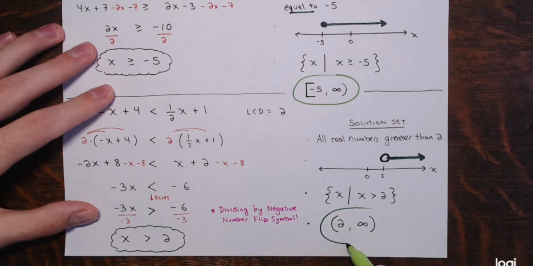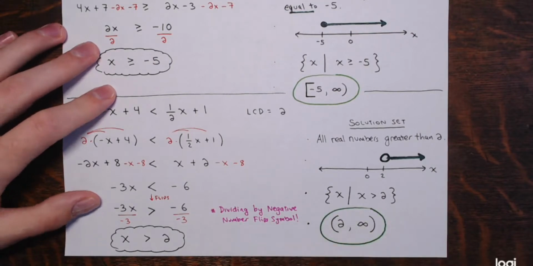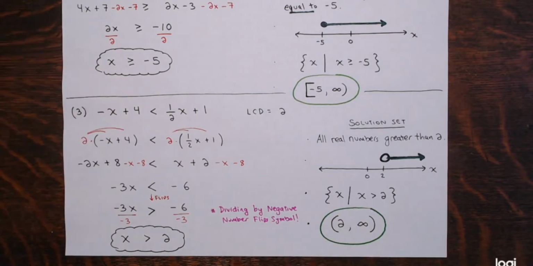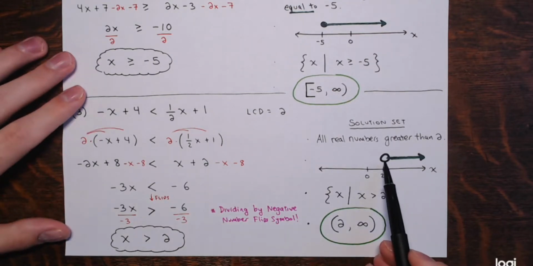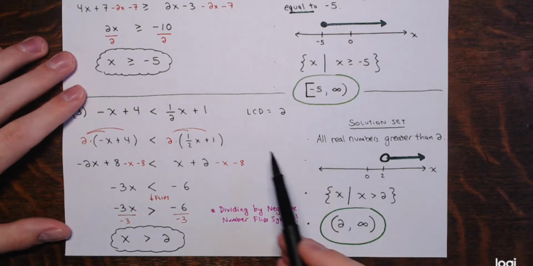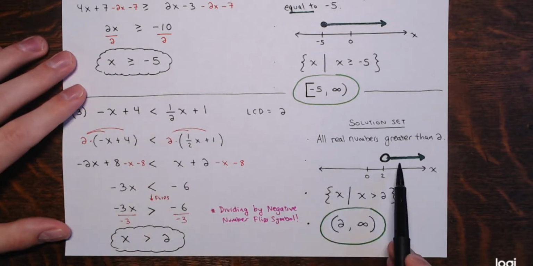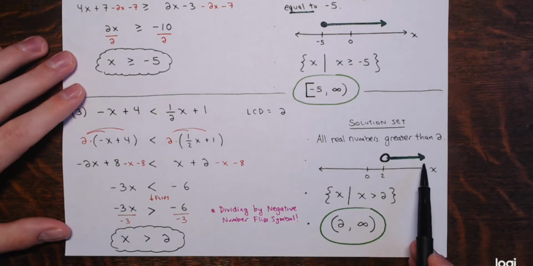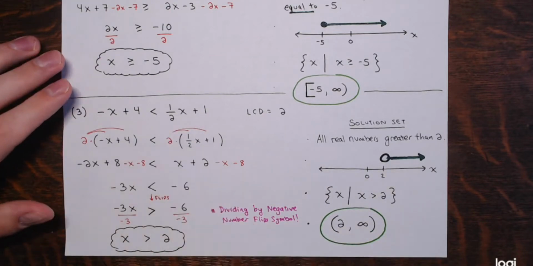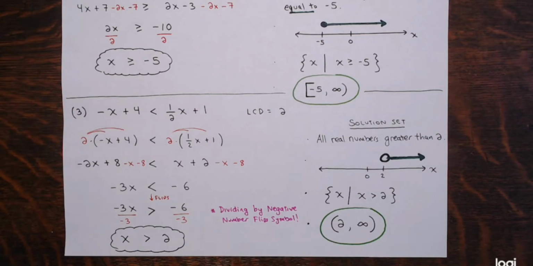And I'll circle this. This is what they actually asked us for. And again, I leave it to you to test some values out. Plug in 2, plug in any number less than 2, and this will be false, because those aren't solutions. And plug in any number greater than 2, and it'll be true. And I leave it to you, though.